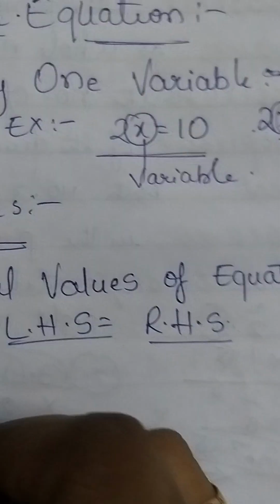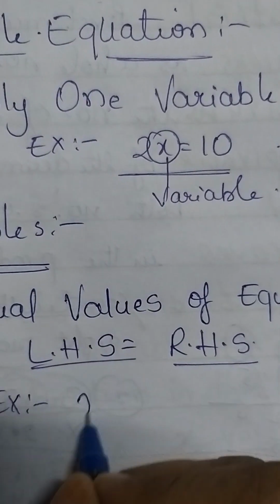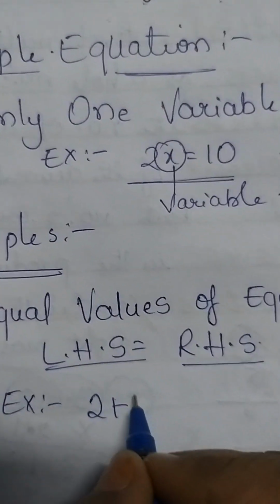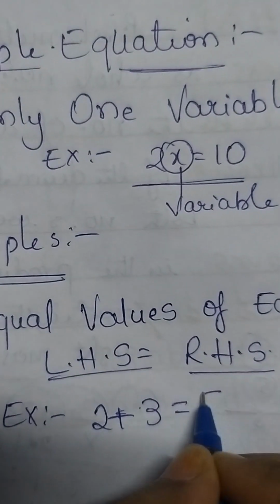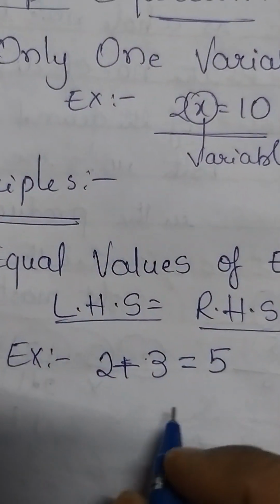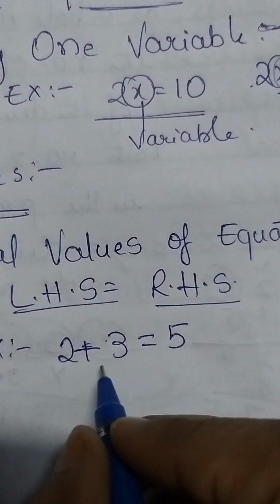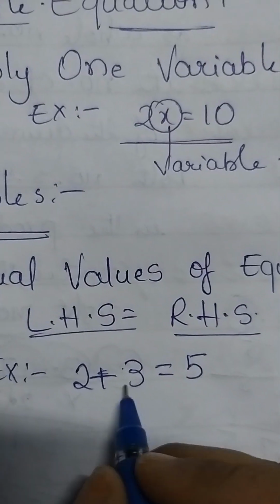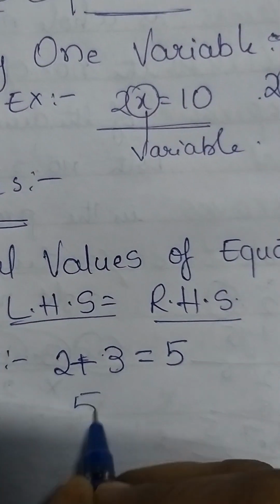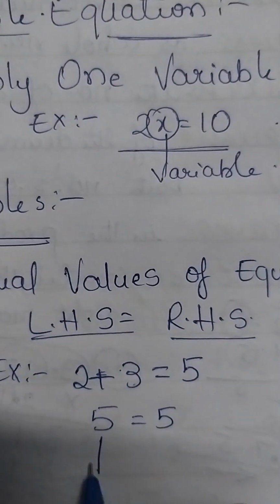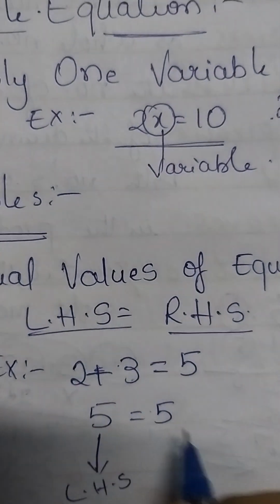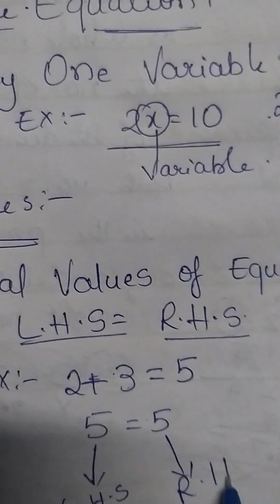Let us take an example: 2 plus 3 is equal to 5. Here 5 is equal to 5. This is LHS equal to RHS.